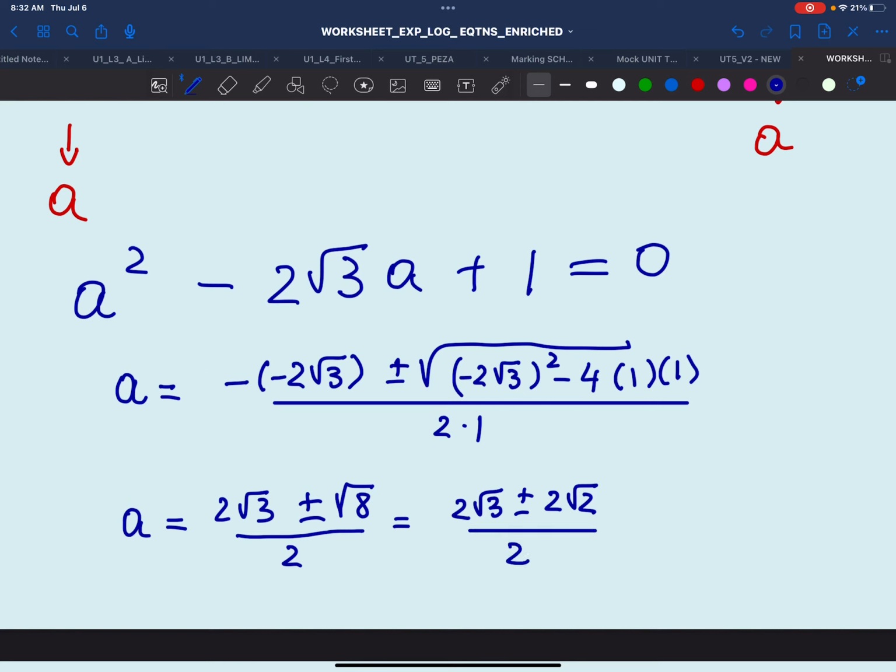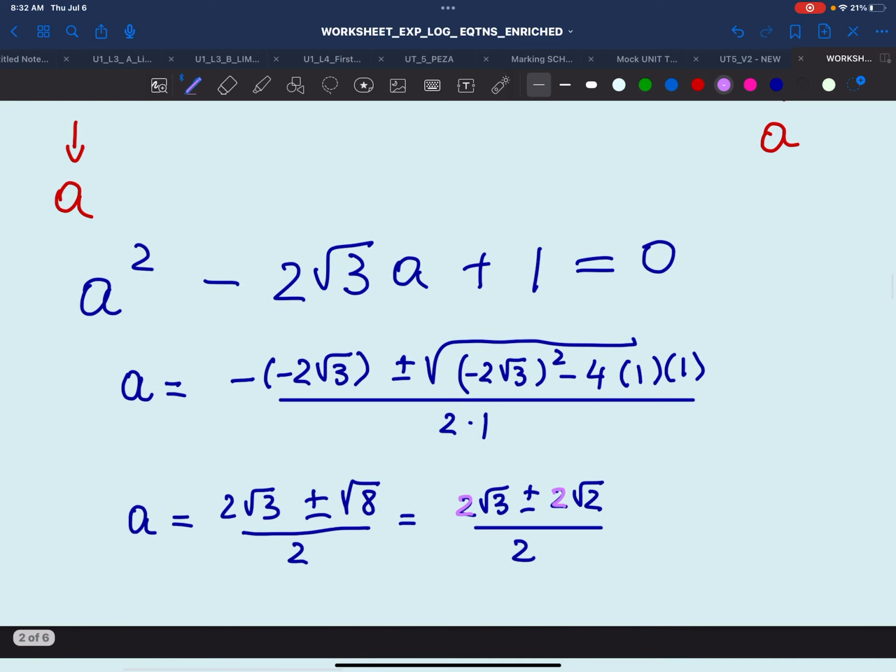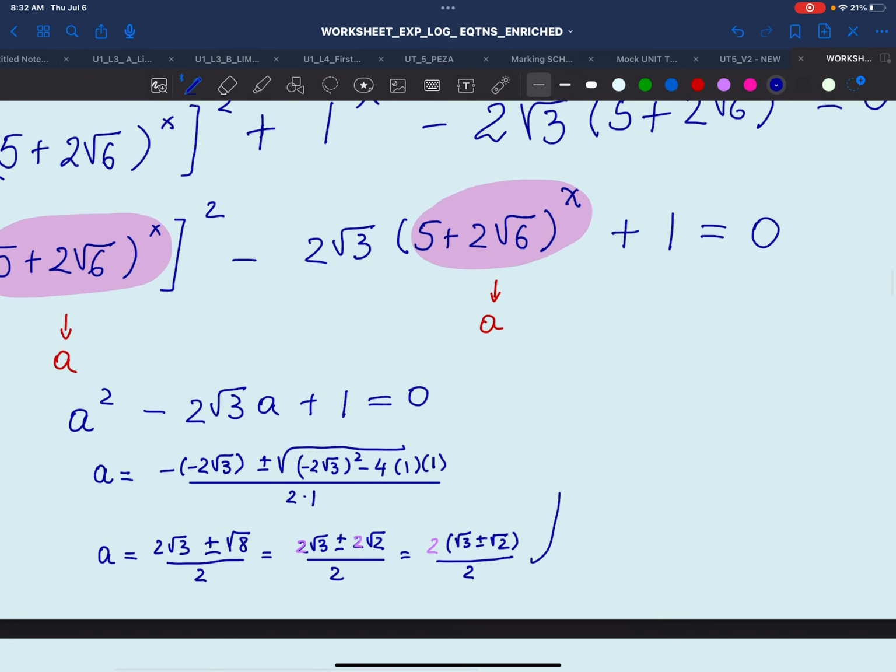Notice that 2 is a common factor in the numerator, which means that we can take it out, and that would be root 3 plus or minus root 2 divided by 2. So in other words, we obtain the value of a equal to root 3 plus or minus root 2.